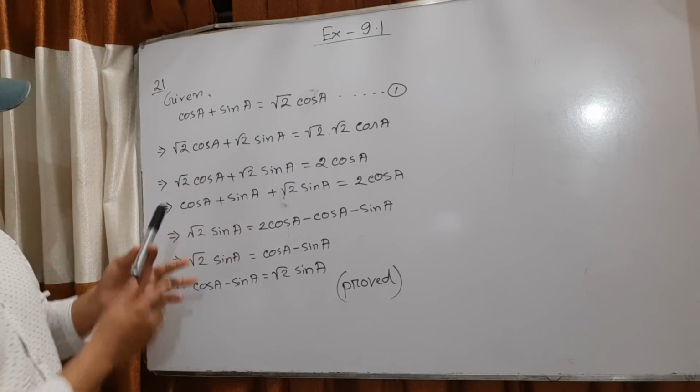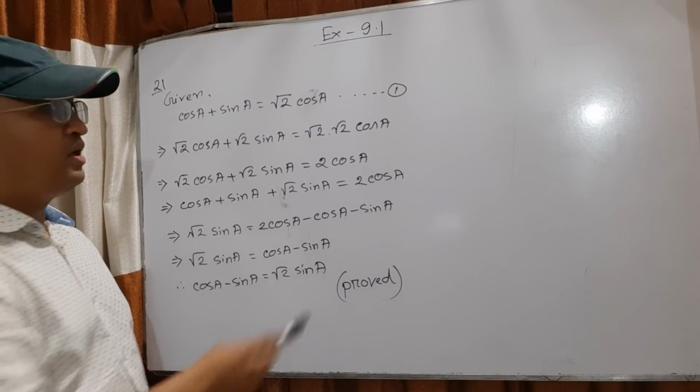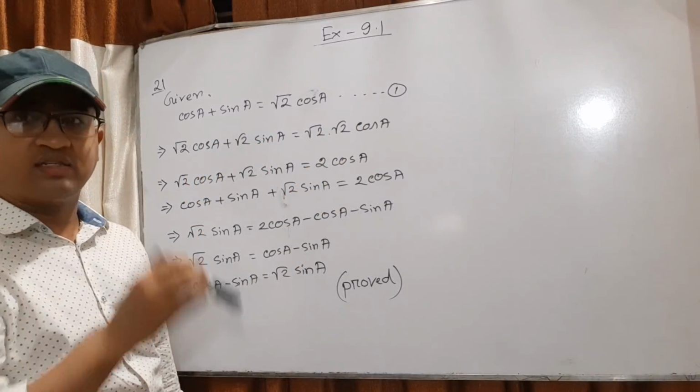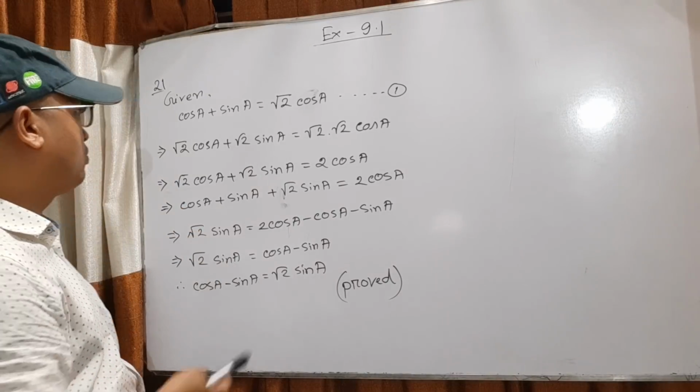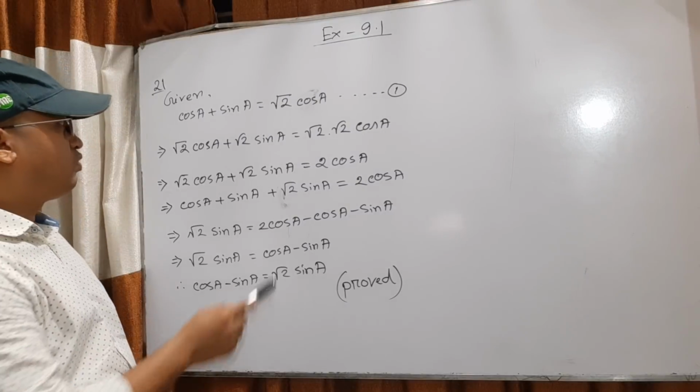Look, it is given cos A plus sin A equal to root 2 cos A. It is given, so this is equation number 1. Now, if we multiply both sides by root 2, what will it be?